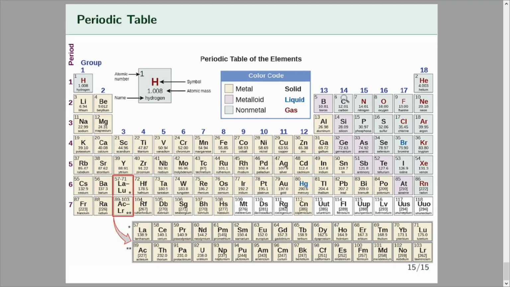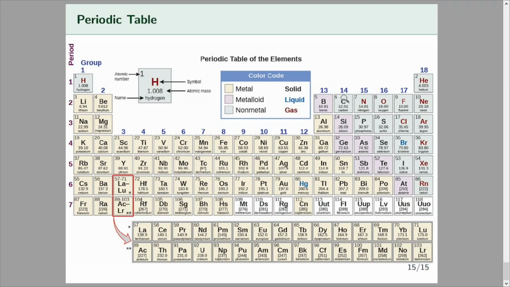And when you add all that up, it comes out to 130.2. I think it's 0.224 or something like that. And so you get an atomic mass.